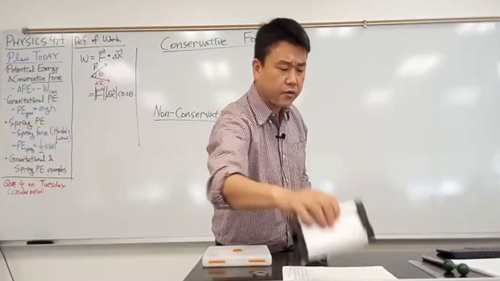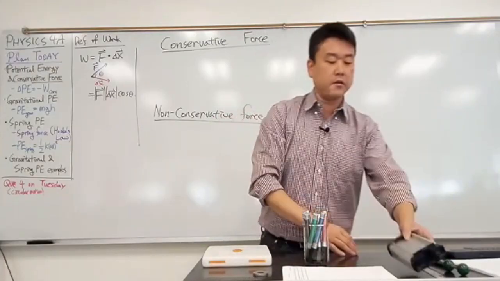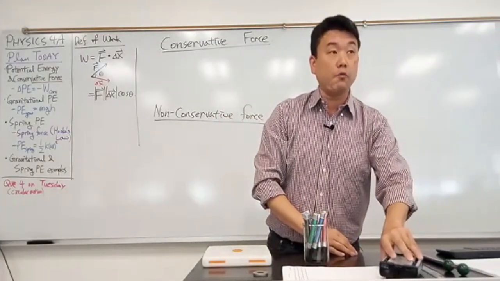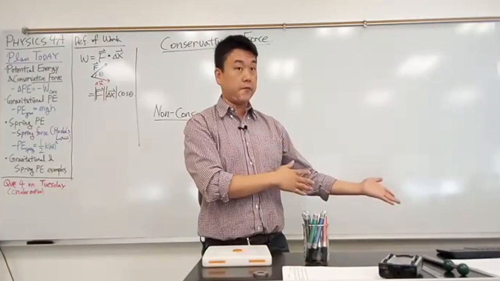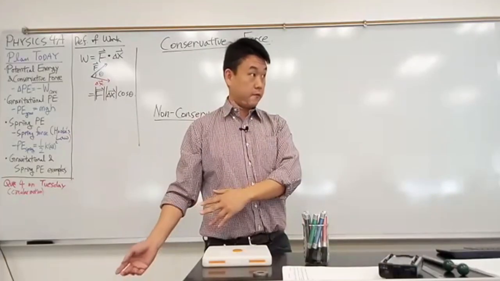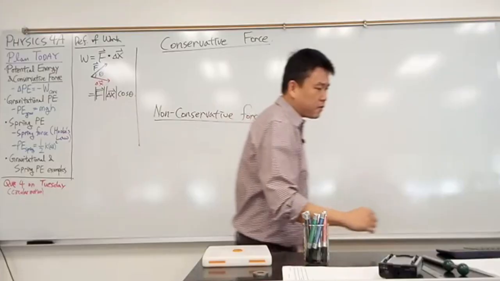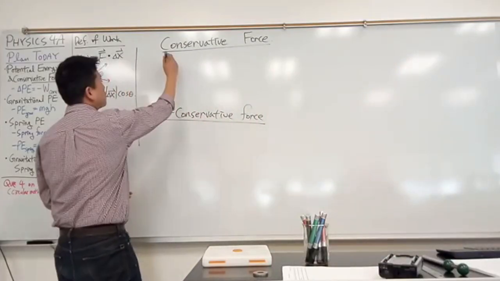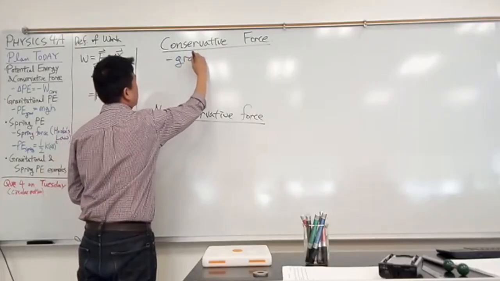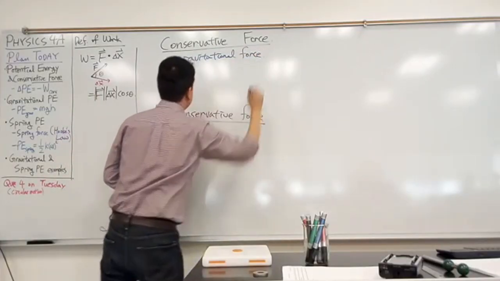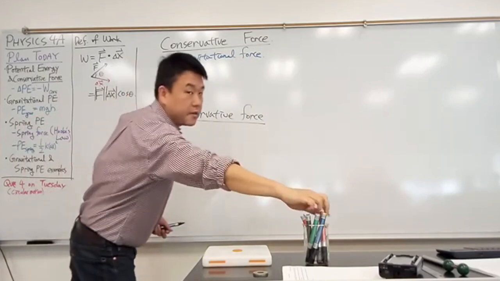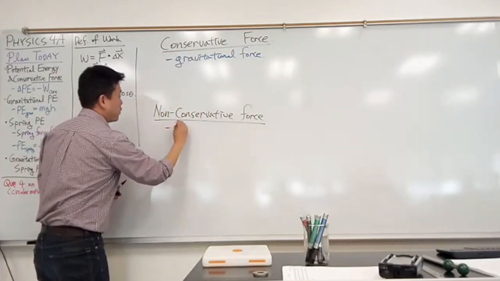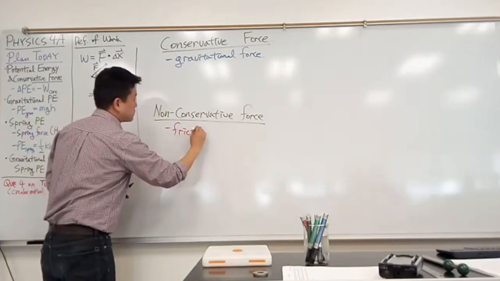I don't think we got to, we ran out of time there, so we didn't have time to talk about what makes a force conservative, what makes it non-conservative. Good. So let me write down those two examples on the board so that we have something concrete to think about. So gravity is an example of conservative force, and friction is an example of non-conservative force.